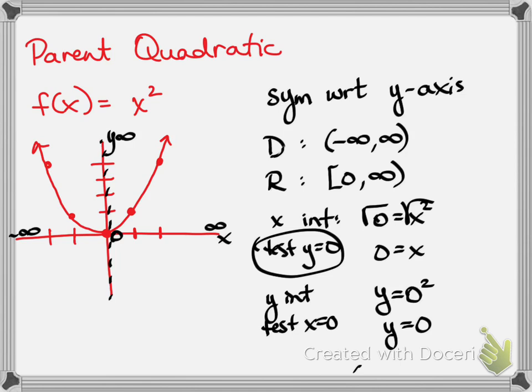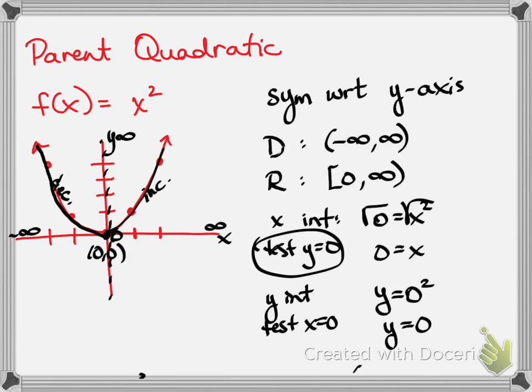Let's talk about where it is decreasing and increasing. Now remember, decreasing and increasing use x variables. So when we look at this graph from left to right, we start here and we are decreasing. And then we hit this minimum point and we begin increasing. And because we know that that's the intercept, we know the minimum point is 0, 0.